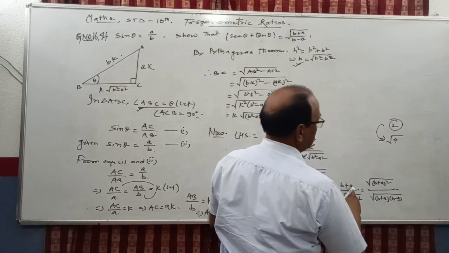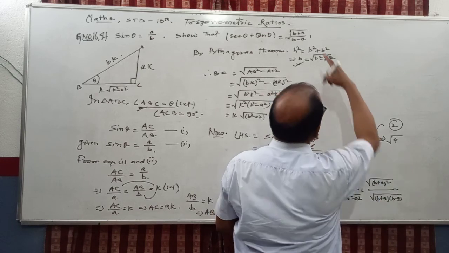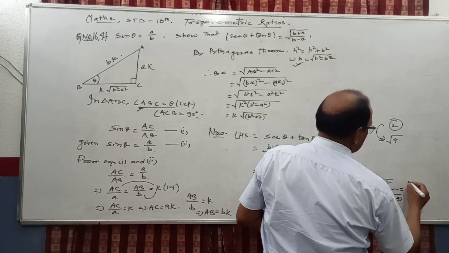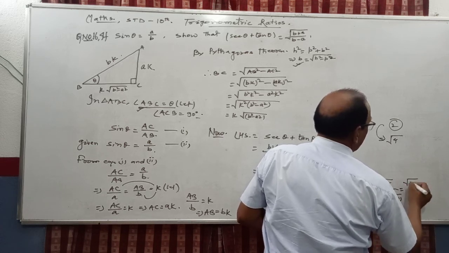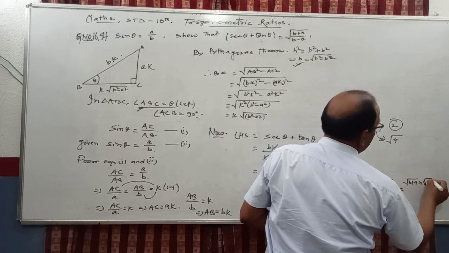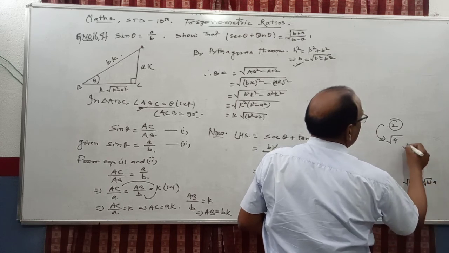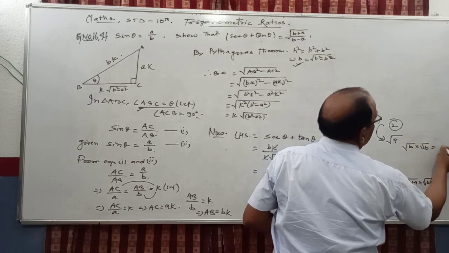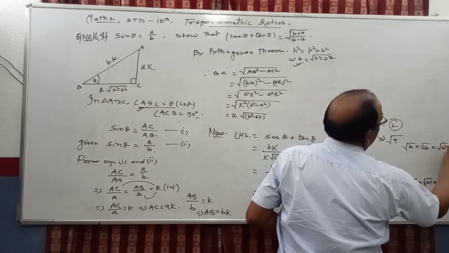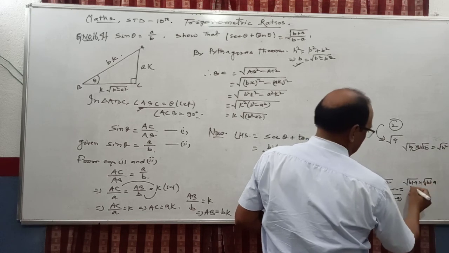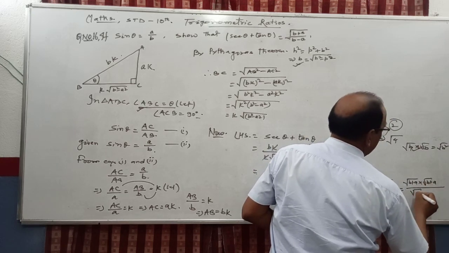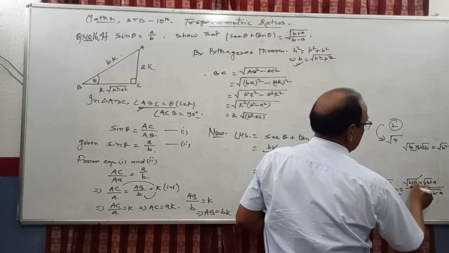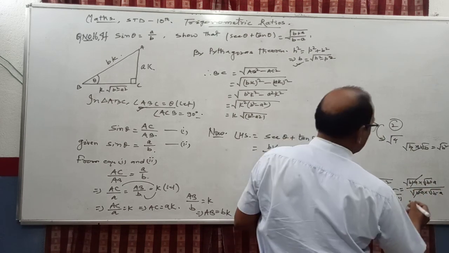Similarly here B plus A, and it will be B plus A and B plus A under the root, and B plus A into under root B minus A. So these cancel.